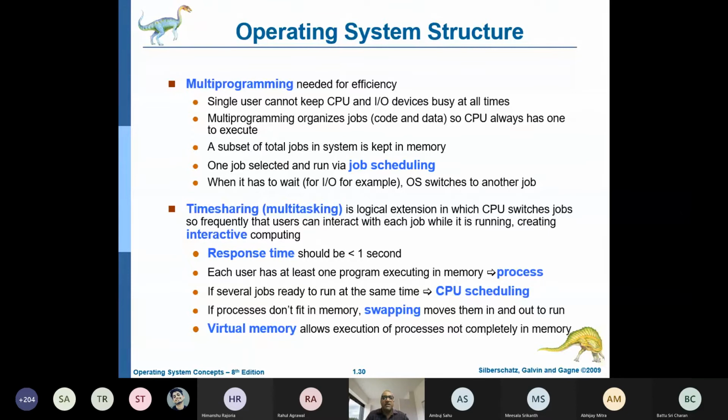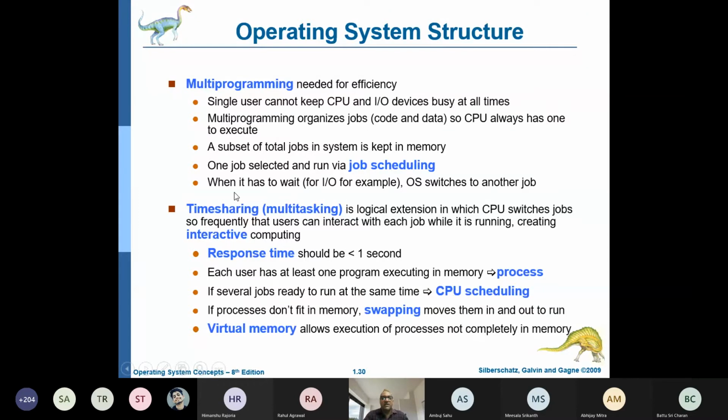He gets a chance to see the progress and the next status of the job. That's what is meant by time sharing or multitasking.